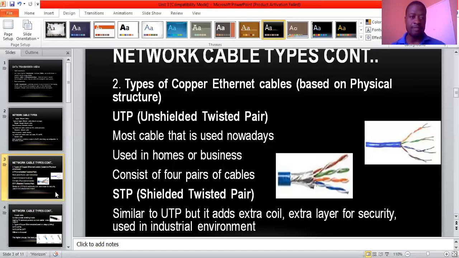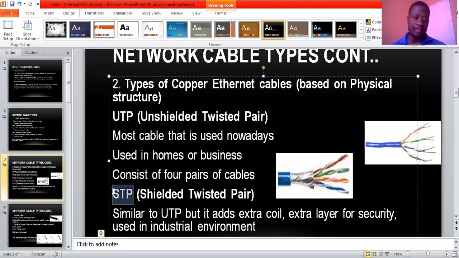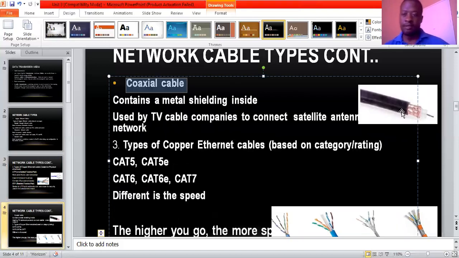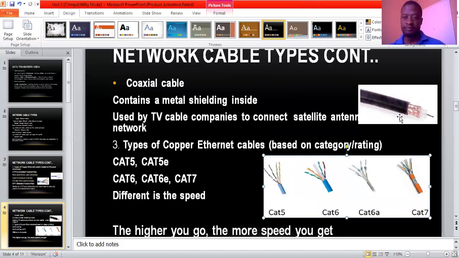Okay, so we've got UTP and STP under the physical structure, and then now we have what we call coaxial cable. These are the different types of coaxial cable we have. The coaxial cable contains a metal shielding inside.